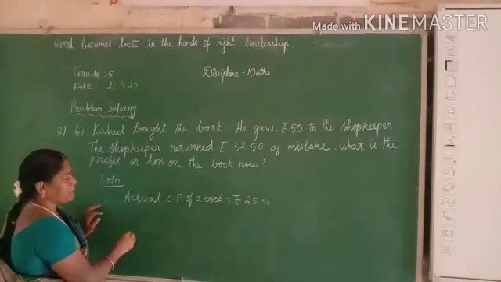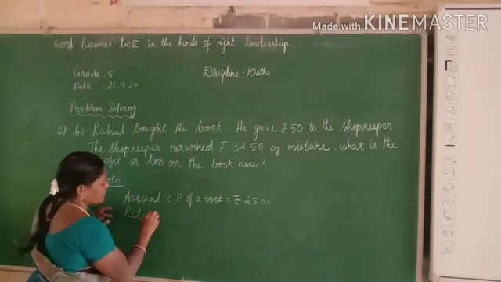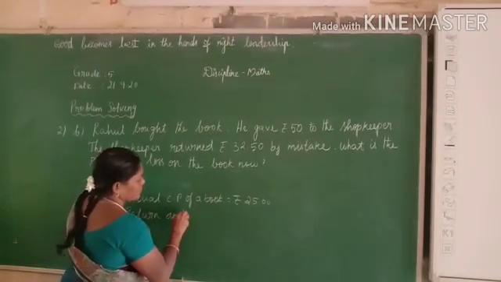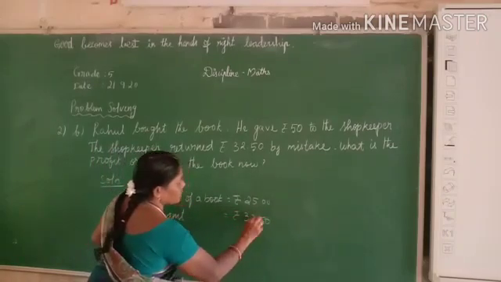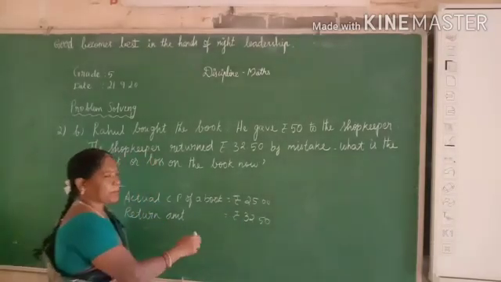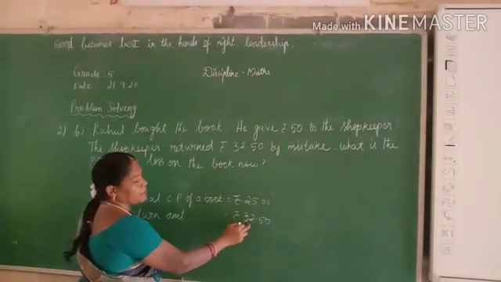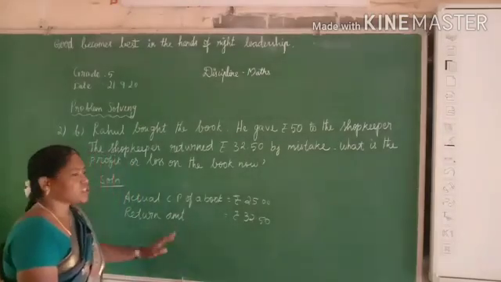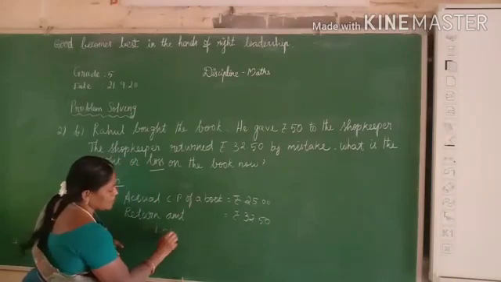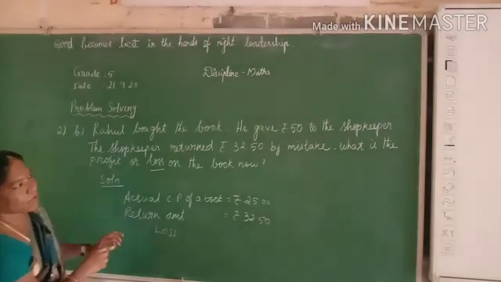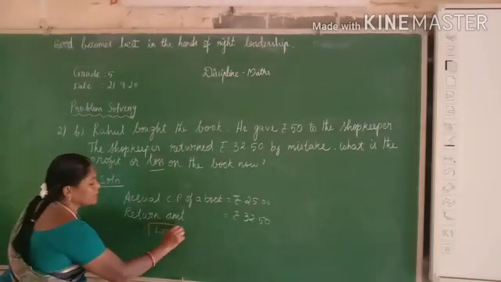The shopkeeper returned rupees 32.50. Actually the shopkeeper should return 17 rupees 50 paise, but the shopkeeper gave rupees 32.50. So the shopkeeper incurred a loss.